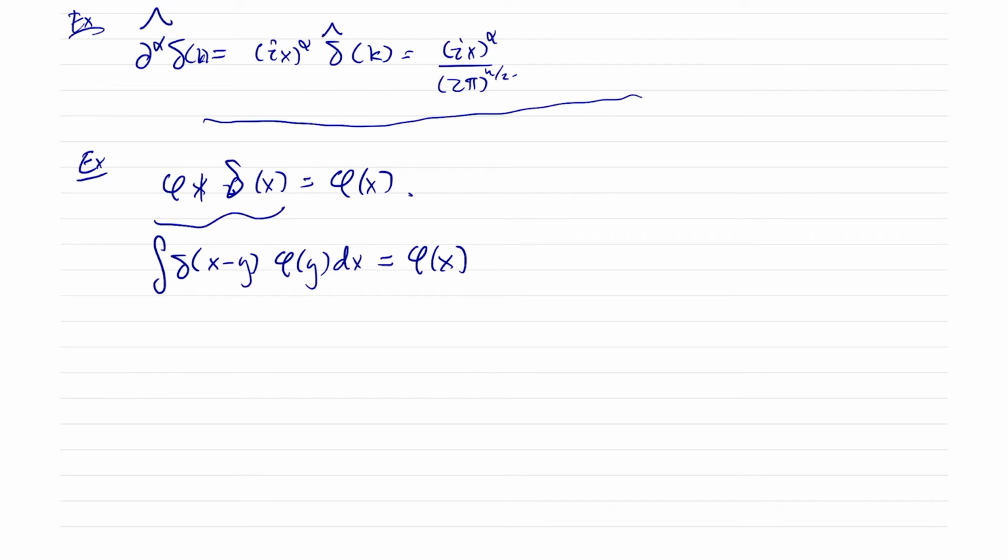And so then you can ask, what is the Fourier transform of the shifted delta function? Really this comes down to writing the delta function using the translation and reflection operators.